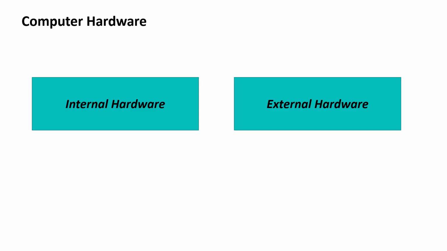That is why we call them internal hardware. For example, the motherboard, on which you can see the central processing unit, the video card and so on, and the hard disk drive, which is a storage device. These things are located internally, but if you open up the whole thing, you can find all these internal hardware components.